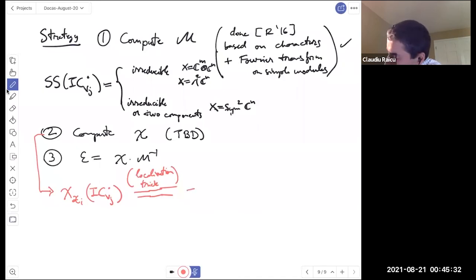And basically what it tells you is that up to a sign, this is the same as computing the Euler characteristic of the stalk at the origin for a related variety of matrices. So this V_{j-i} tilde is still a space of rank j minus i matrices, but of smaller size.